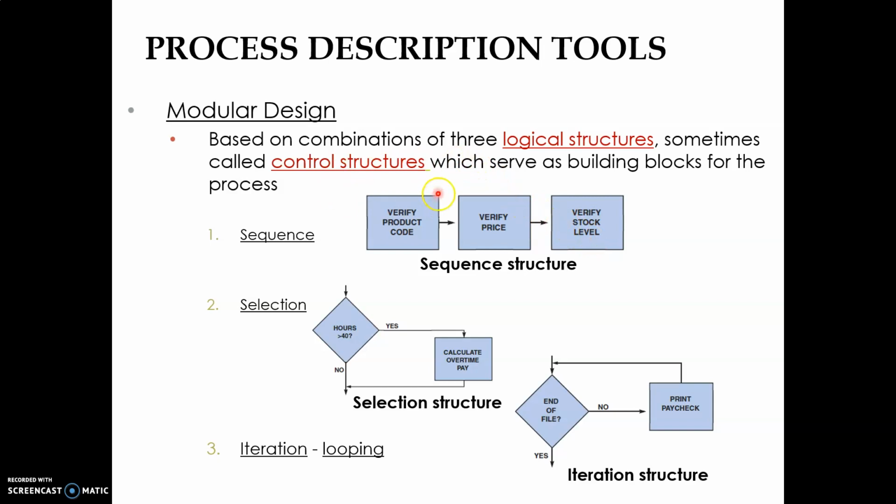The modular design is based on a combination of three logical structures, sometimes called control structures, which serve as building blocks for the process. This is the example of the sequence structure. The second one is the selection structure, and lastly the iteration structure.